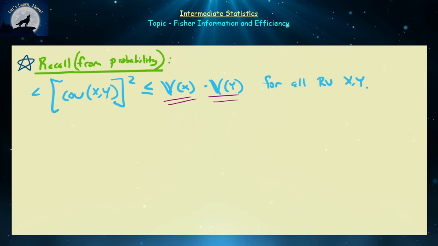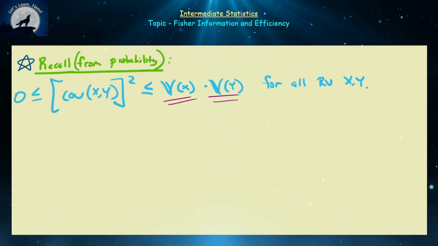So keep in mind this is always bounded below by 0. But this always creates a lower bound for the product of the variances of x and y for any variables x and y, as long as you know the covariance between them. Right? That's a hint in case you don't know how to prove this particular probability result.